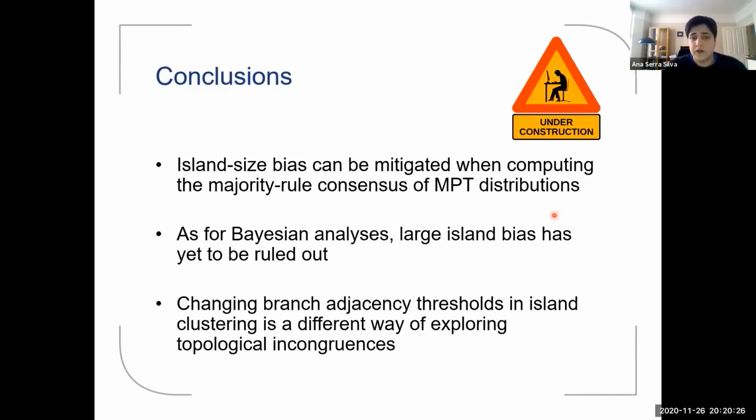The jury is still out on whether large island bias is present in Bayesian and resampling analysis. And we are in the process of trying to see how useful extending the island definition to allow for XNNI or XSPR or XTBR islands will be to explore minor changes in topological incongruences.